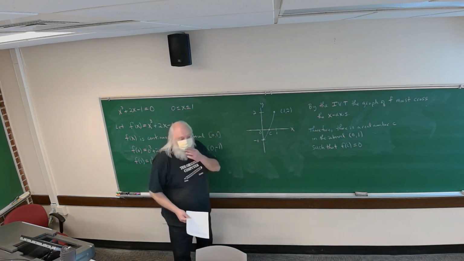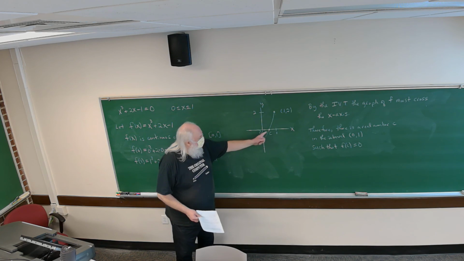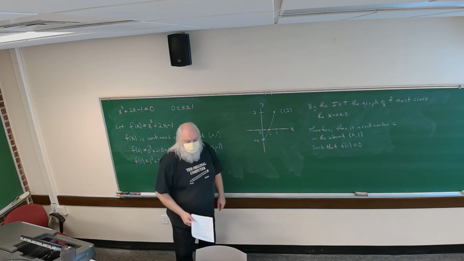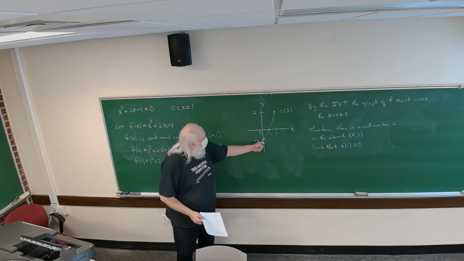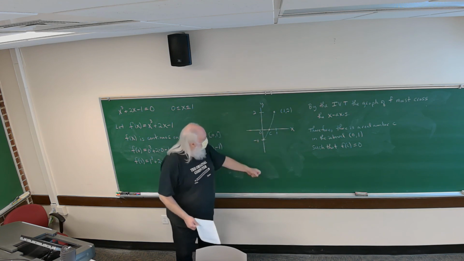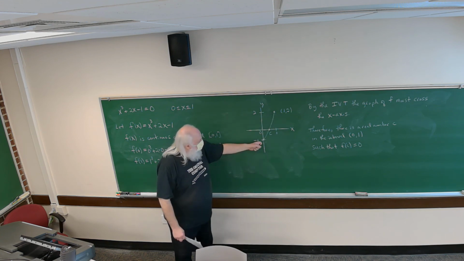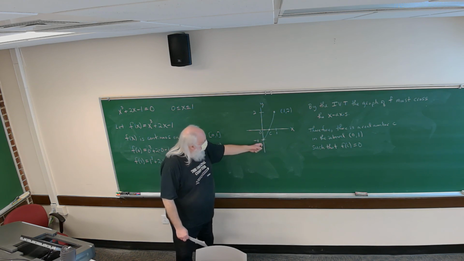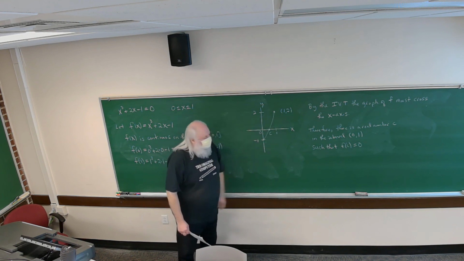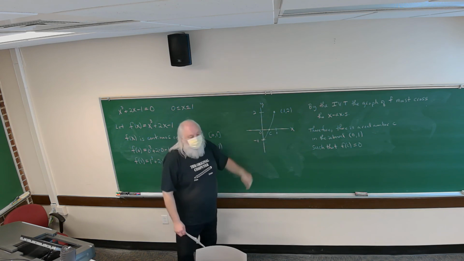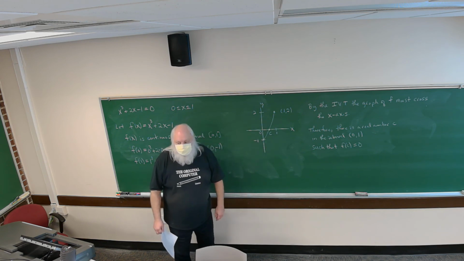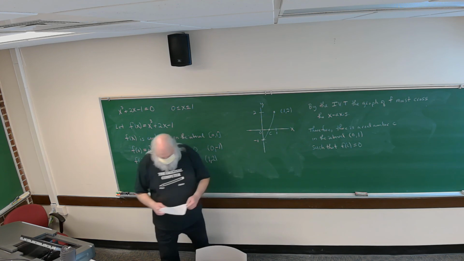We're basically saying there is an x-intercept between 0 and 1, and we're proving it because the function is continuous. It's below the x-axis at x equals 0, and it's above the x-axis at x equals 1. So it has to cross the x-axis somewhere between 0 and 1.